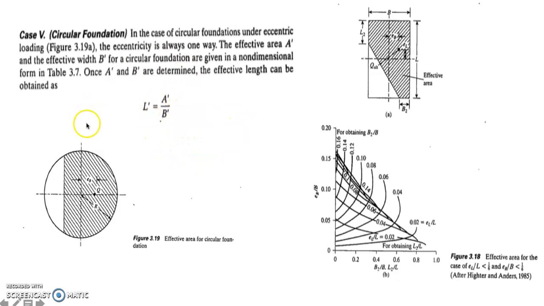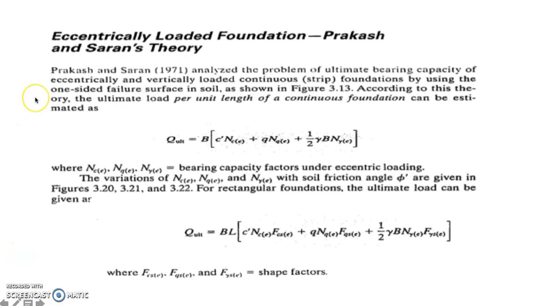Of course, the eccentricity is one way because all throughout you have the same given for a circular foundation. So you have here table 3.7, variation of A prime over R squared and B prime over R for a circular foundation.